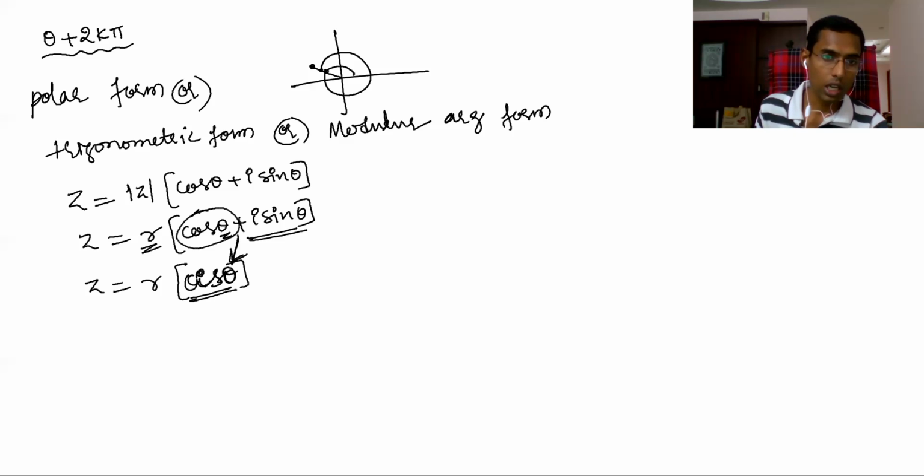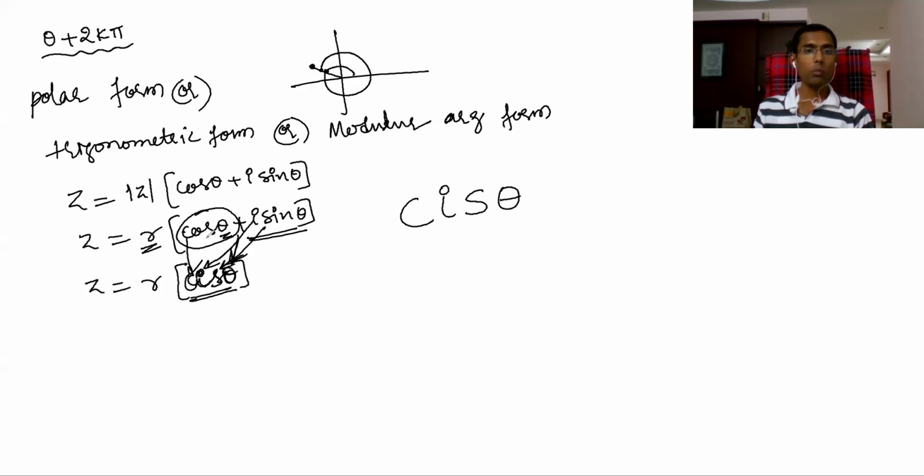From cos theta, C is taken, then I, and then S. That's all: cos, in between i, sin theta. That only is cis theta. It is like writing mod z as r: instead of writing 2 lines and z, which is difficult, r is simple. So that is the reason cos theta plus i sin theta can be written cis theta.